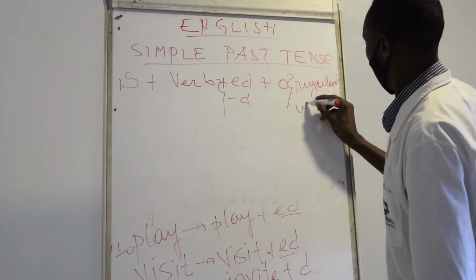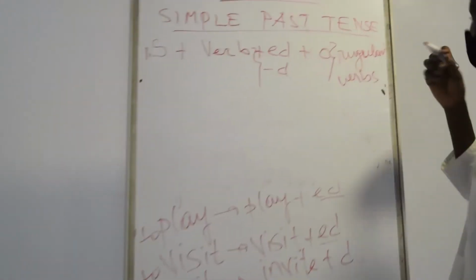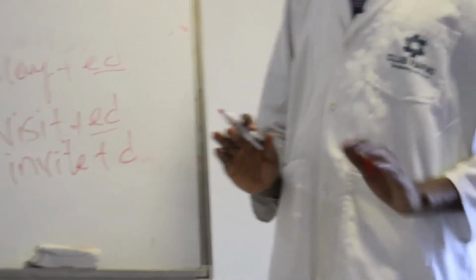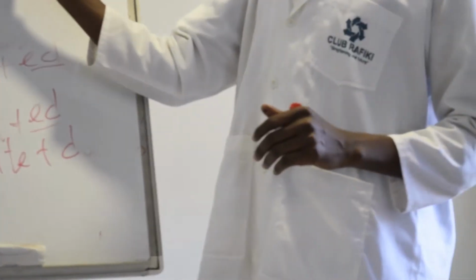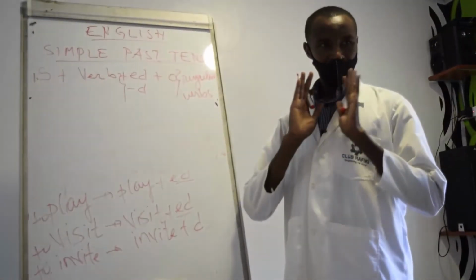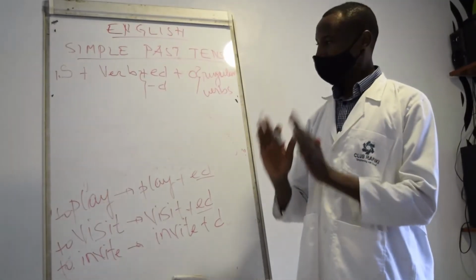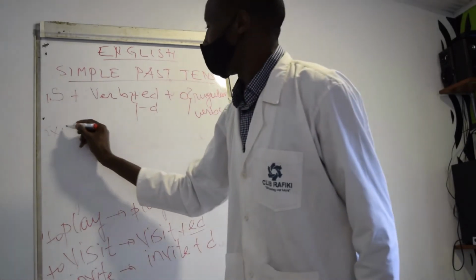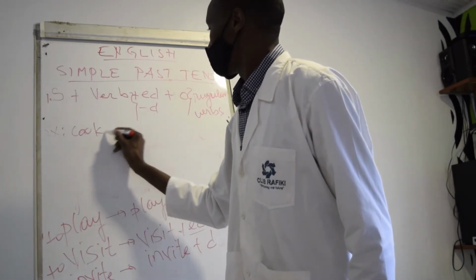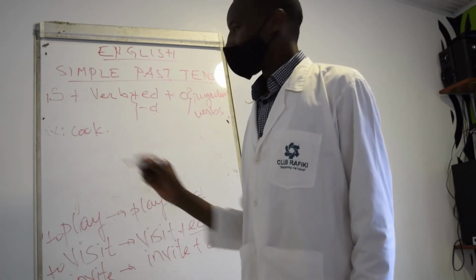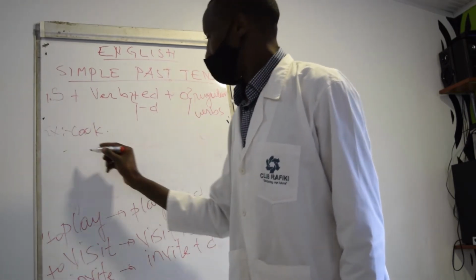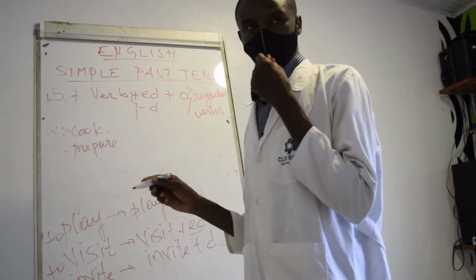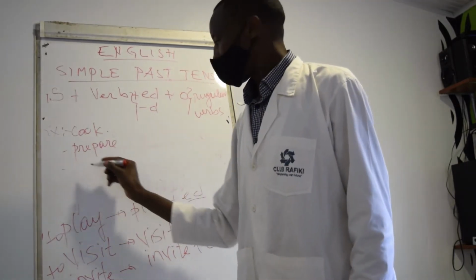Regular verbs are verbs to which we add E, D or D to form the simple past. Those are what we call regular verbs. Maybe the verb to cook, the verb to prepare, the verb to wash.